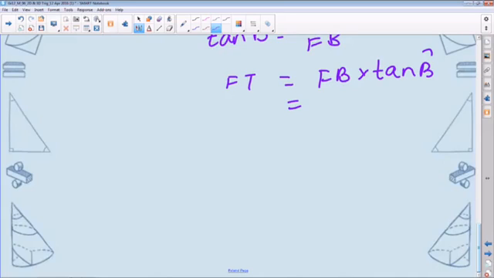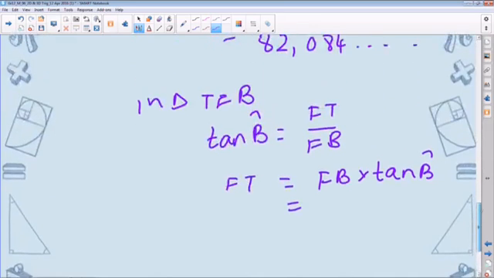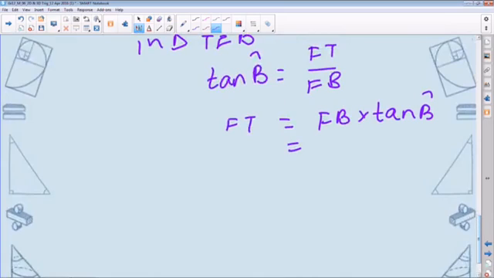For now, I'm going to use the approximate value, but we'll use the whole value in the calculator. So we've got 82,084 times tan of 25 degrees. And let's work that out. Okay, and remember FT is the same as H.